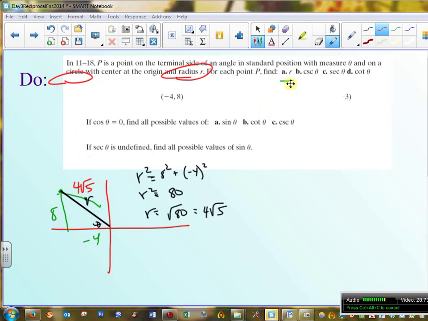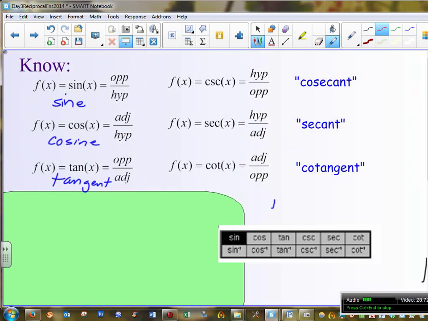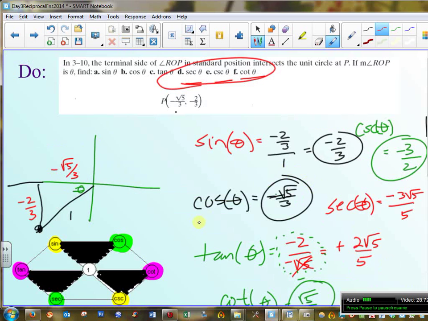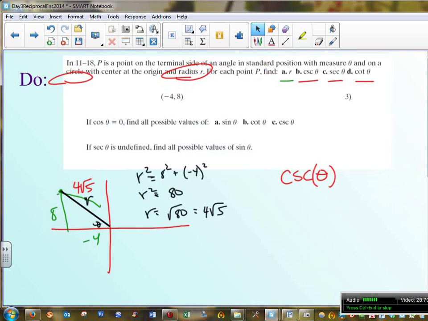And then I move on to find my cosecant, secant, and cotangent. Here's where it might be helpful to do it visually. Cosecant of theta, and if you had your magic hexagon there, which you should have on your notes page.